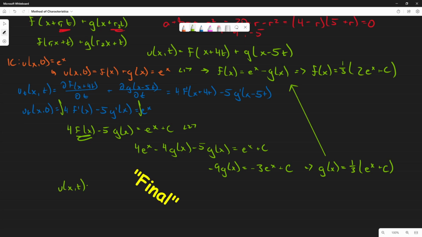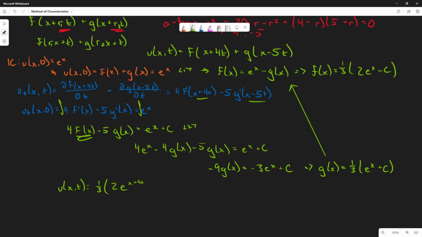So our actual final answer, kind of, is that instead of e to the x, we're going to substitute x plus 4t and x minus 5t, depending on which one it is, f or g. So for f of x, it will be 1/3 multiplied by 2e to the x plus 4t plus c.